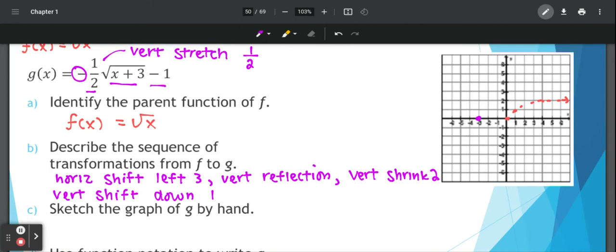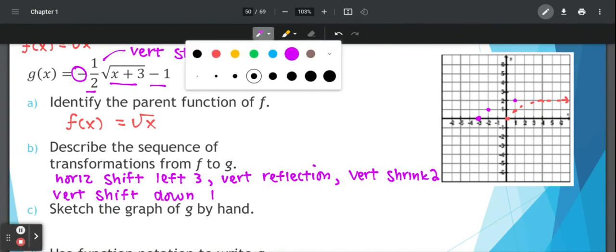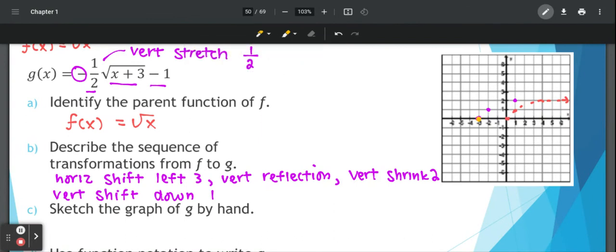Our point 1, 1 shifts to the left 3: 1, 2, 3, 4, and this shifts to the left 3. So we're kind of here. And then we have to reflect it across the x-axis. So now this point, I'll go to yellow, we're here, here, and here. So that's the vertical reflection.